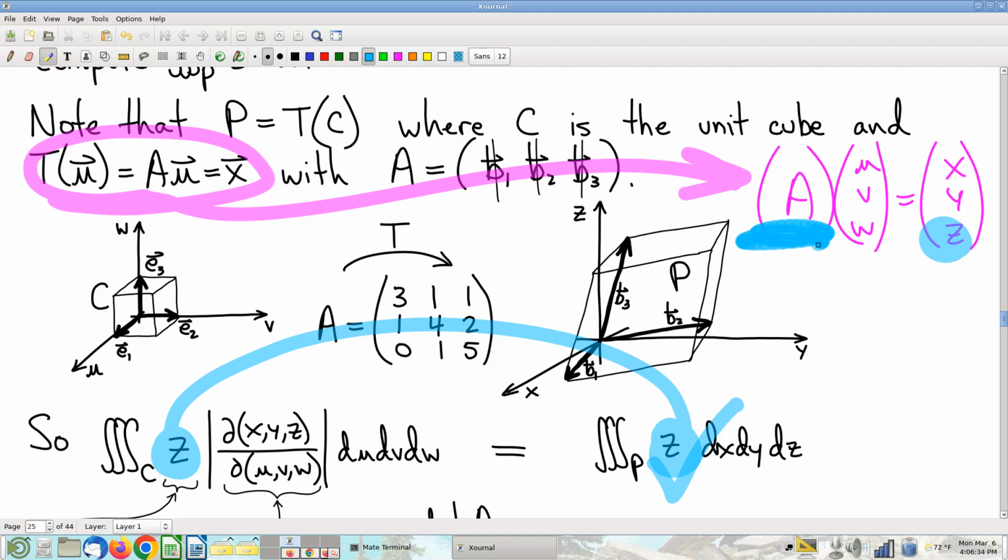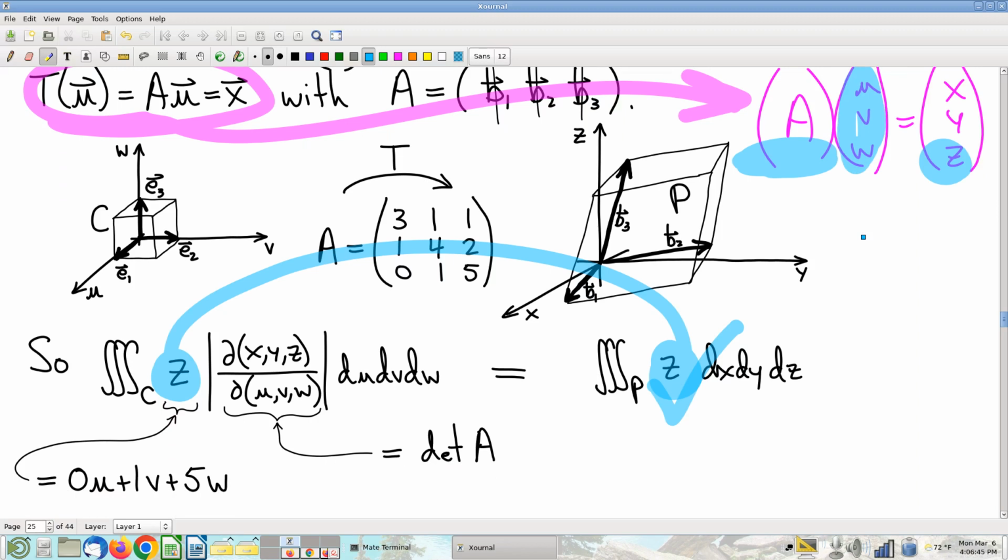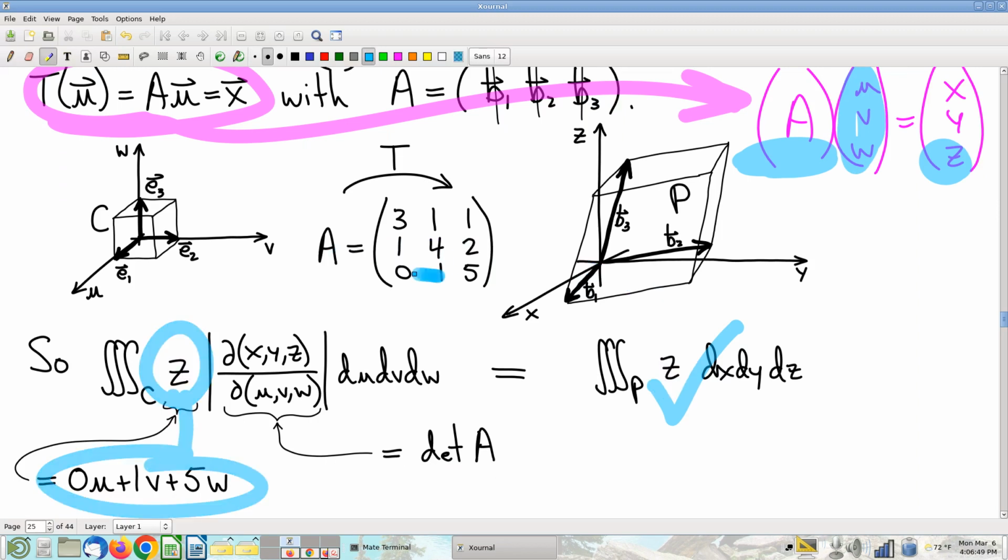And so I just want the last row of A dot UVW, and that then gives me this right here. Notice I'm just queuing off of that last row, 0 1 5 dot UVW, and that formula is my Z.